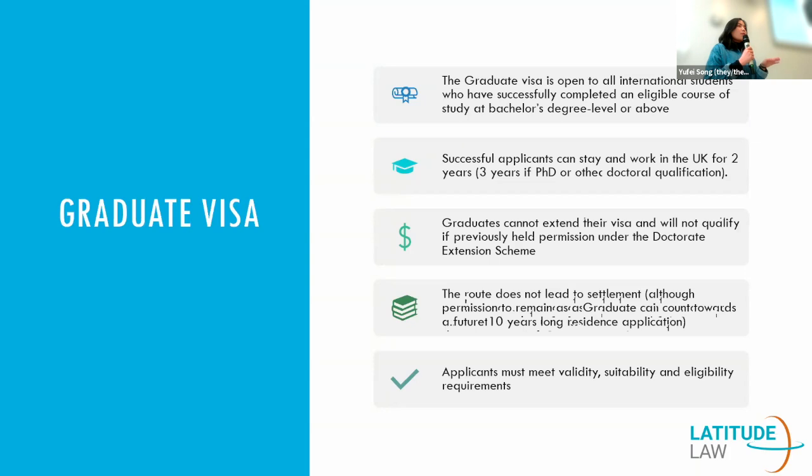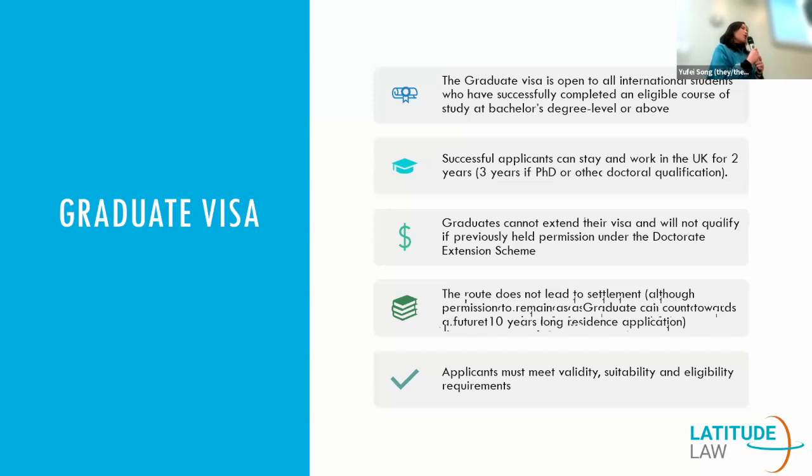Graduate visa route cannot be extended, so you have one chance to apply. And if you have previously held permission under the doctorate extension scheme, then you won't be eligible. So be aware of that. This route does not lead to settlement, so you can only stay in the UK for 2 or 3 years.